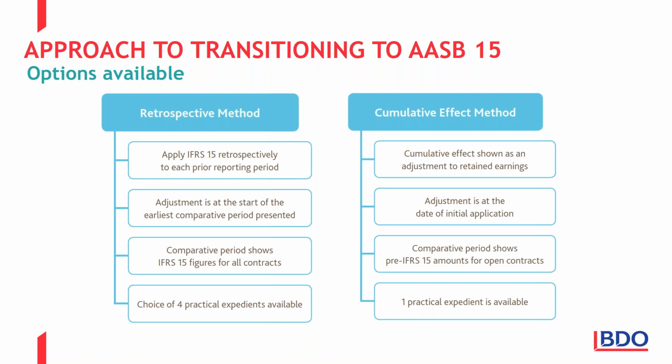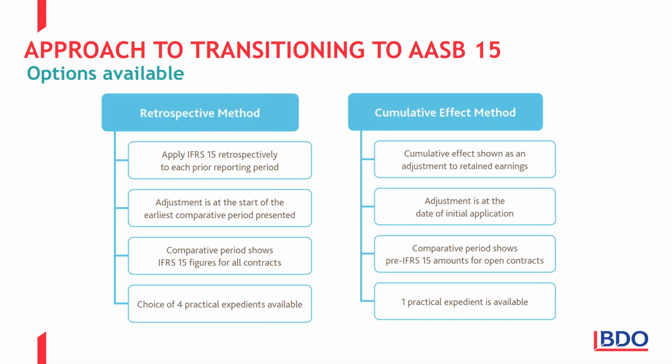These standards, AASB 15 and AASB 1058, have to be applied retrospectively. The calculations have to be done retrospectively on all open, ongoing arrangements, agreements. However, you've got a choice on how you disclose the impact.